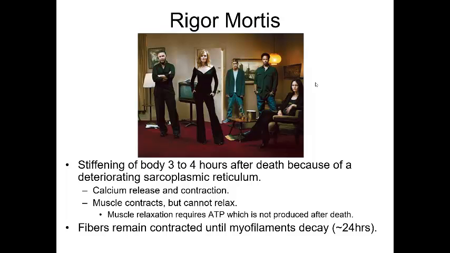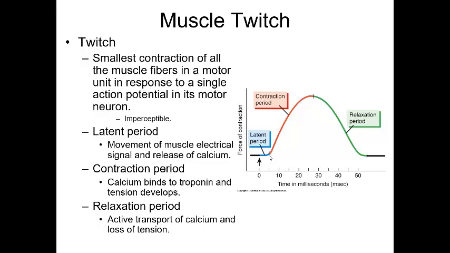So latent period is the time that it takes between the release of the neurotransmitters and the release of the calcium from the sarcoplasmic reticulum. So it takes about 10 milliseconds from when the action potential reaches the synaptic end bulb to the release of the neurotransmitters, to when sodium influxes into the muscle fiber, to release of the calcium ions from the sarcoplasmic reticulum.